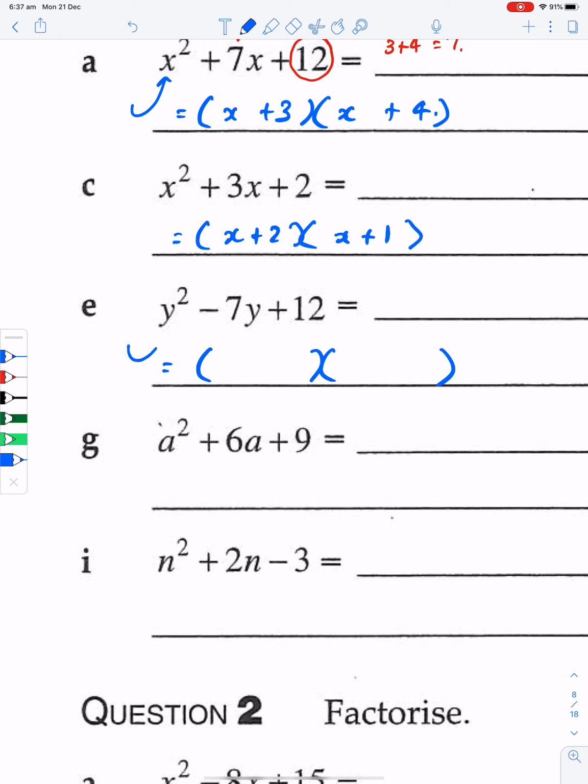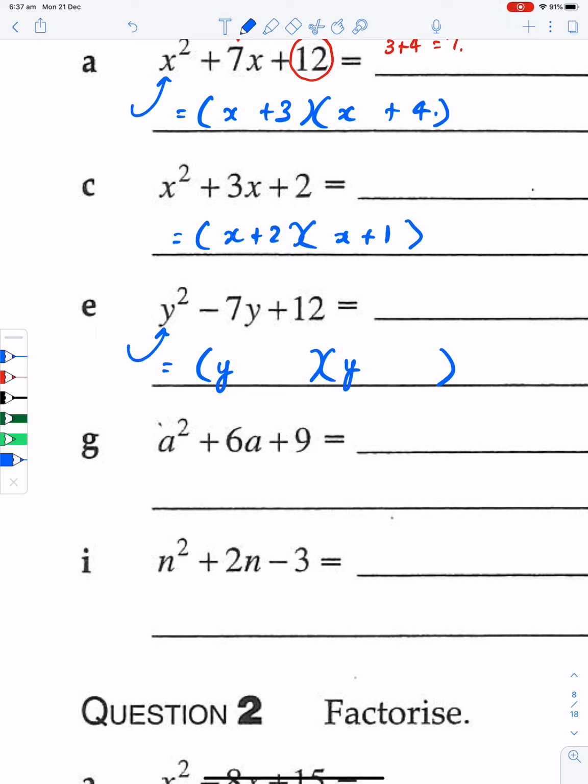Let's go to the one underneath. Because in the question it's a y squared, we're going to put a y here and a y here. So what numbers multiply to give 12 and add to give minus 7? Now, if you think about directed numbers, the only way you can get 2 numbers multiplying to give a positive, but when you add them you get a negative, is if they're both negative.